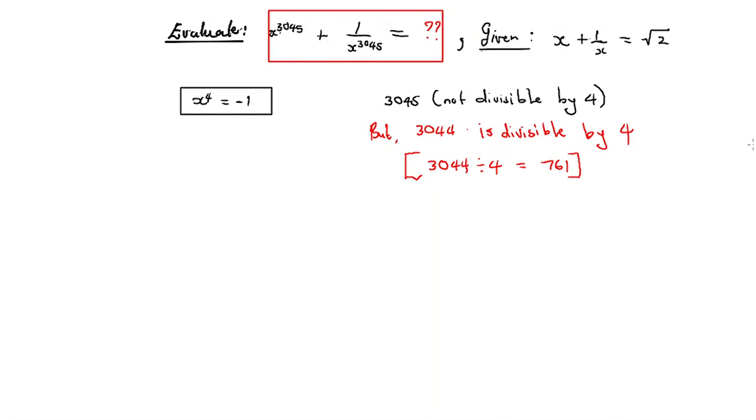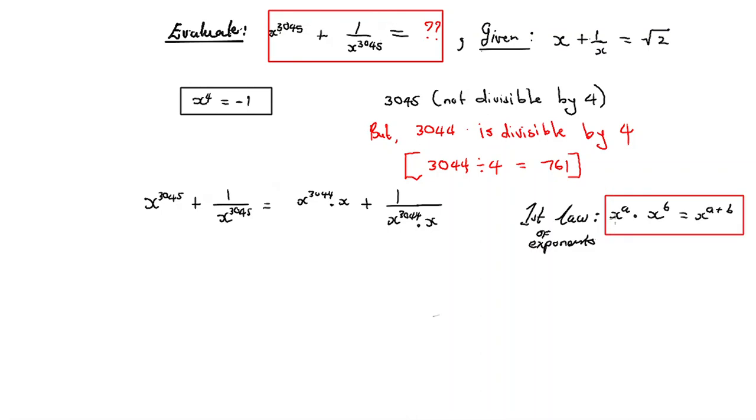Right, now I'm going to copy down the given expression, x raised to exponent 3045 plus 1 over x raised to exponent 3045, equal to this power. Applying the first law of exponents, which states that if I multiply powers of the same base, I add the exponents, I'm making this 3044, which is divisible by 4, visible in our given expression.